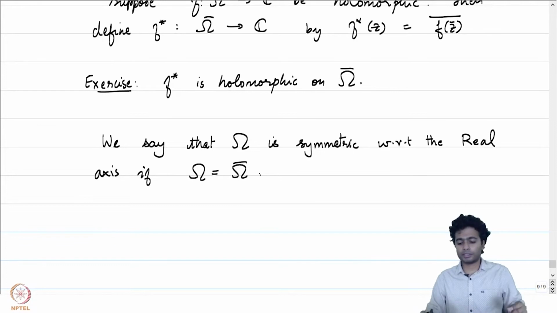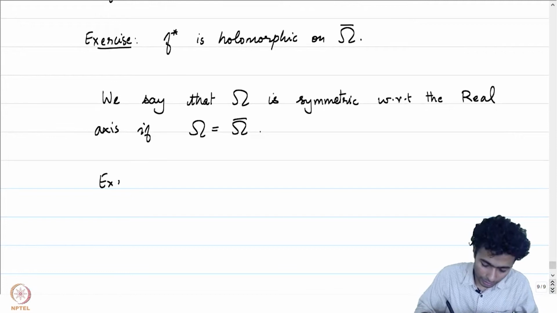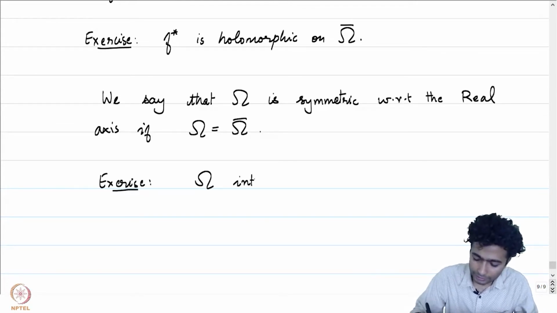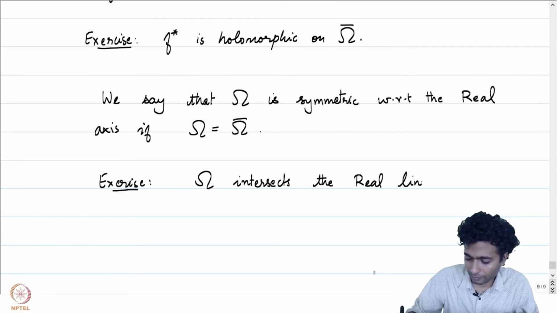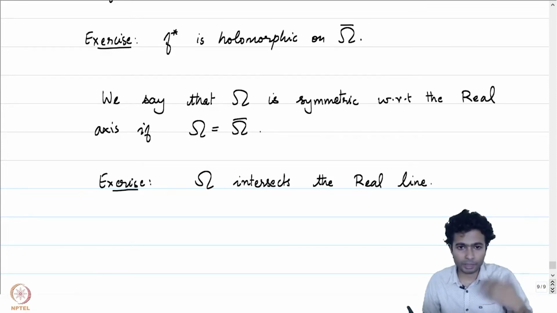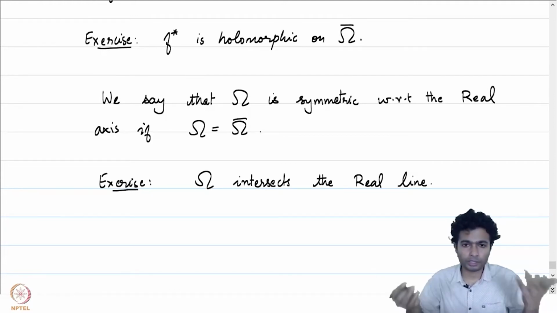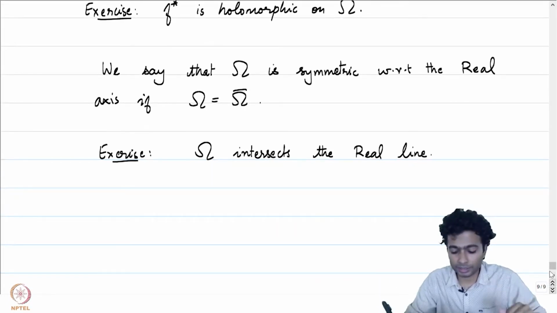Remember that we are still in the situation where omega is an open connected set, and the connectedness will tell you, another exercise for you, is to check that omega intersects the real line. What you could do is pick a point z in the upper half plane; z bar is also in the domain omega, and because it is connected there is a path, and use the intermediate value theorem to conclude that the path should necessarily intersect the real axis.